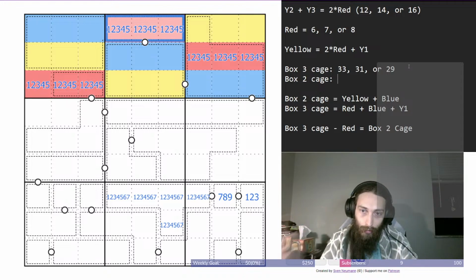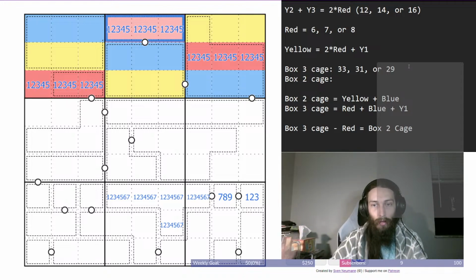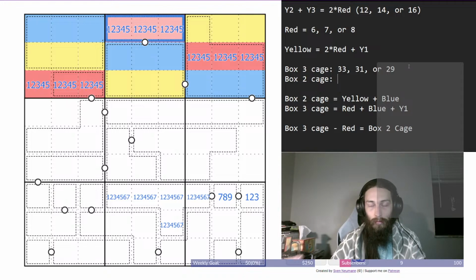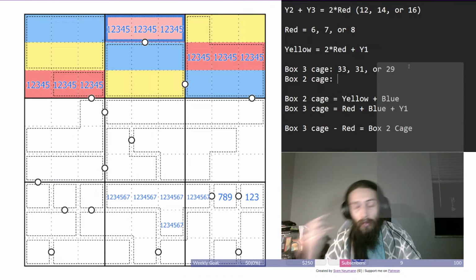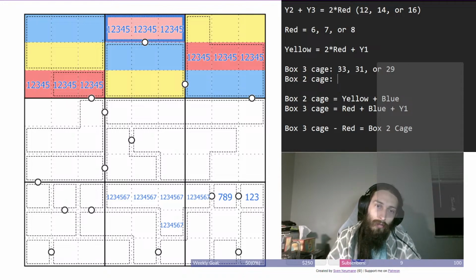If it was 33, we would be subtracting a 6. No, it was this minus red that gave us this. Or it was this plus an extra red that gave us that. So it was plus red over here.